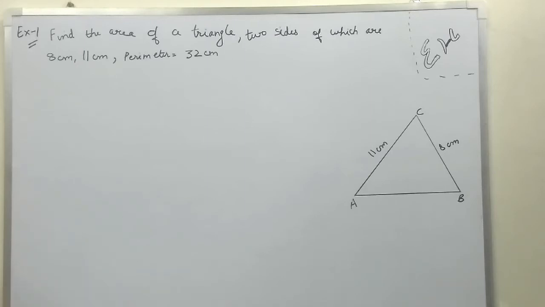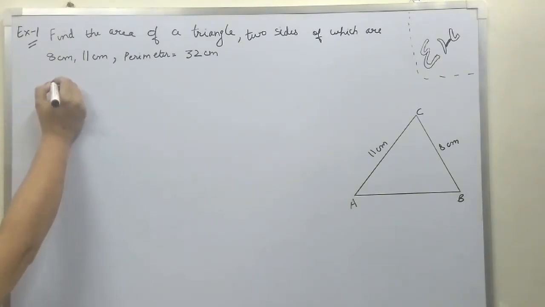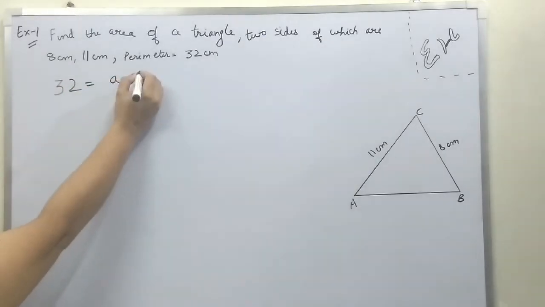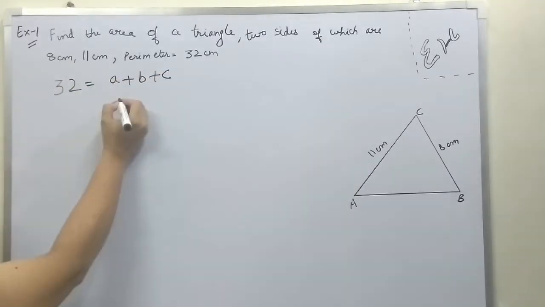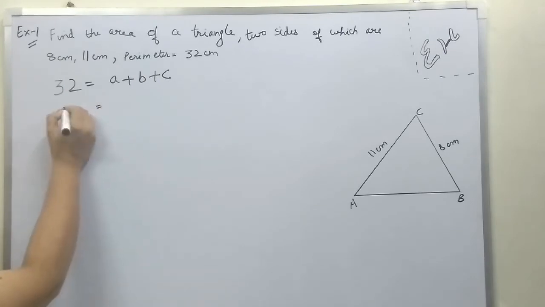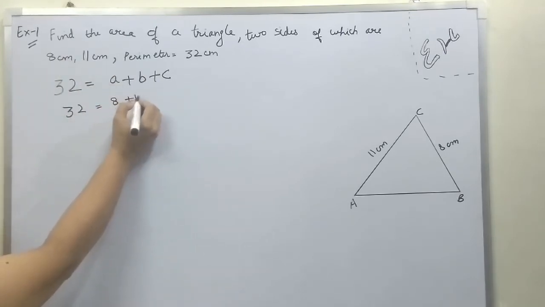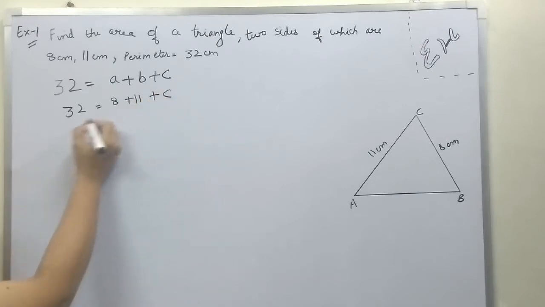As you can see in the figure, the third side is not given, but the perimeter is given. Perimeter is equal to the sum of all the sides, that is 32 is equal to a plus b plus c. Here a is 8, b is 11 and you have to find out c.